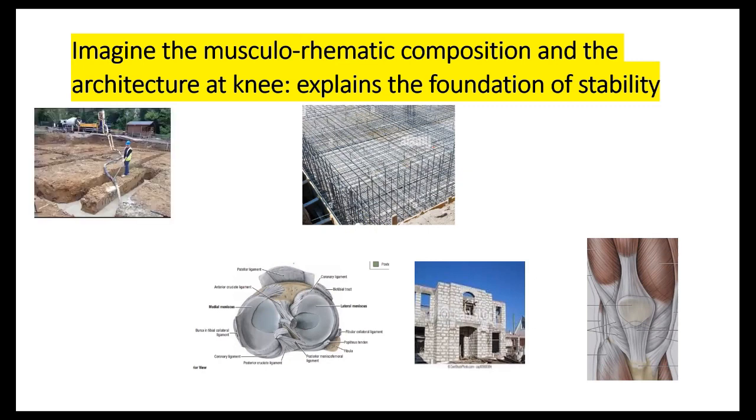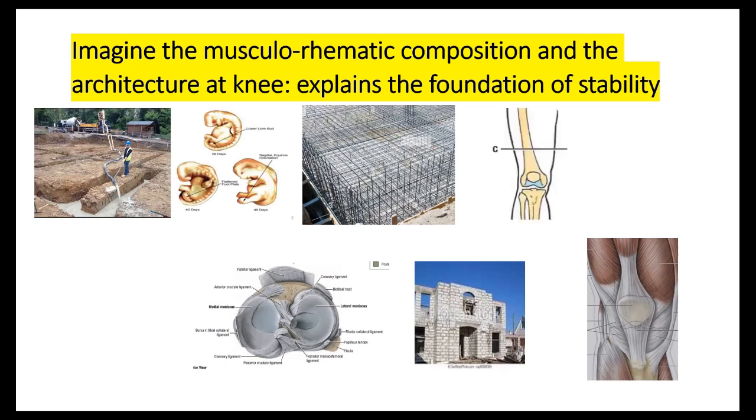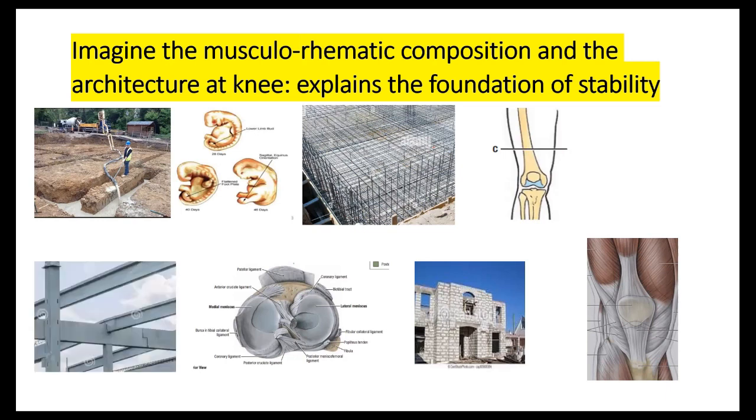So the construction of a house starts with putting a foundation. So at the knee, the lower extremity bud starts growing. Then comes the placement of the plinth, so probably that is analogous to the bones of the knee. The next stage in house construction is putting the pillars and beams.